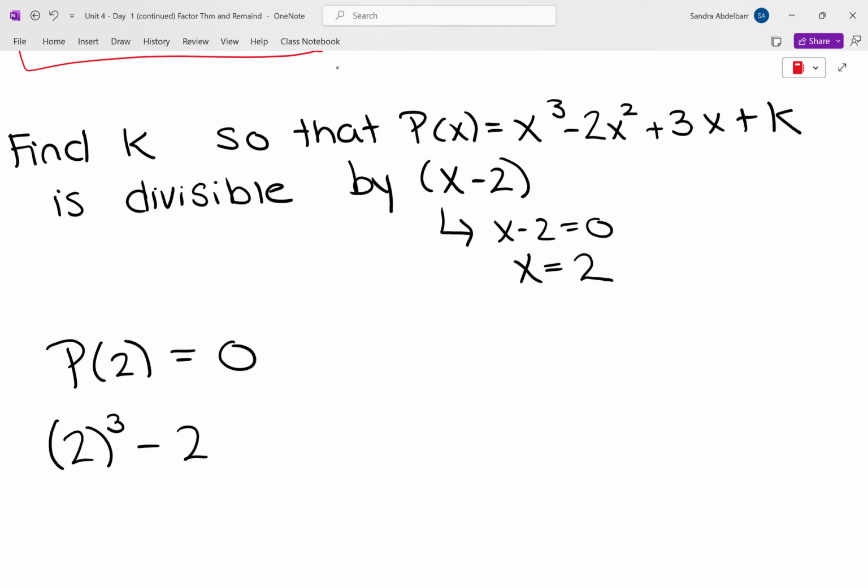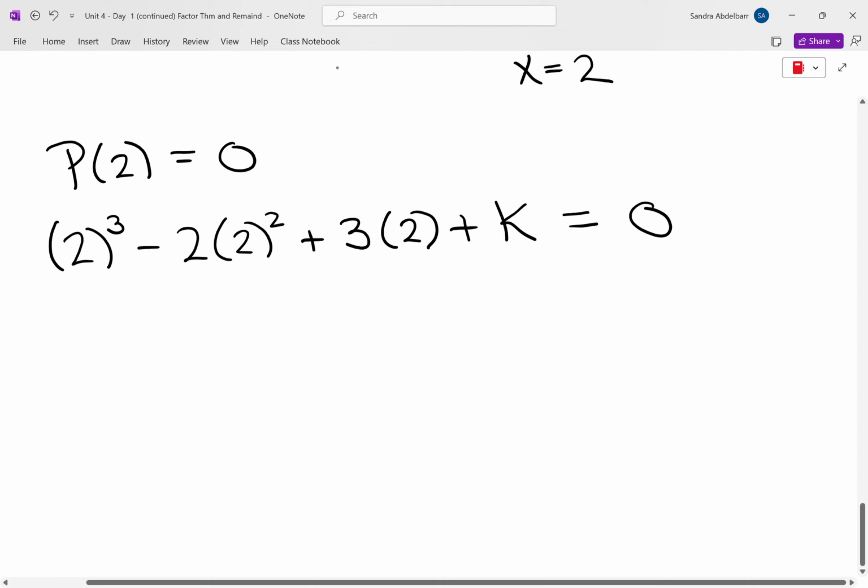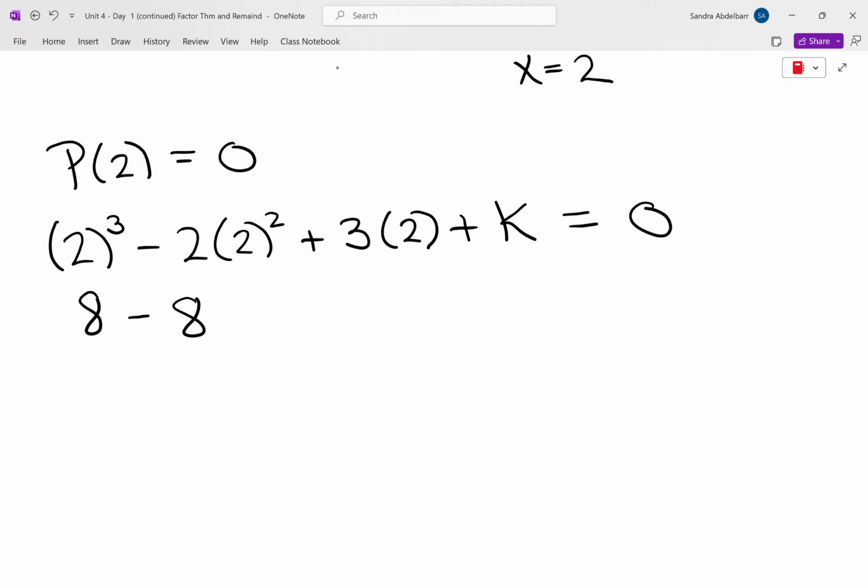So I'm going to take 2 cubed minus 2 times 2 squared plus 3 times 2 plus k equals, what do I need it to equal? 0. We are now going to simplify this and then solve for k. So 2 cubed is 8, 2 times 2 squared is 8, 3 times 2 is 6.